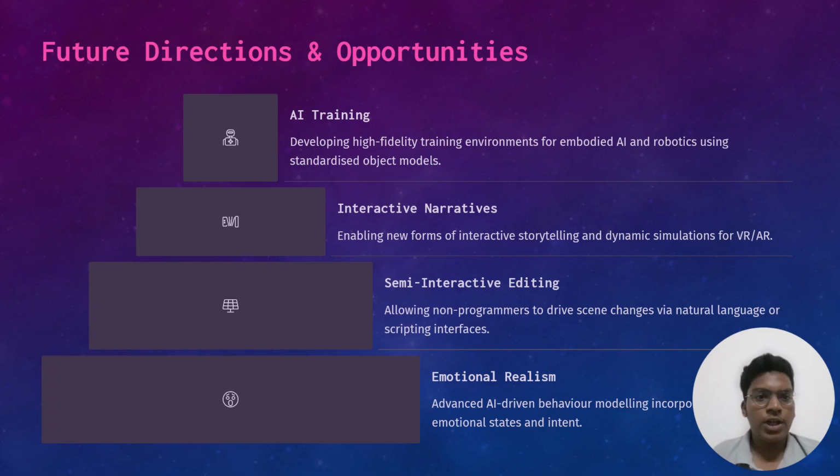Future directions and opportunities. AI training: developing high quality training environments for AI and robotics using standard-based object models. Interactive narratives enable new forms of interactive storytelling and dynamic simulations for VR and AR.